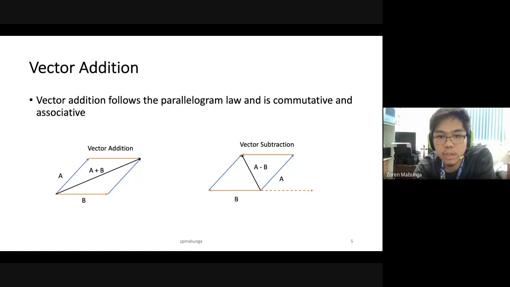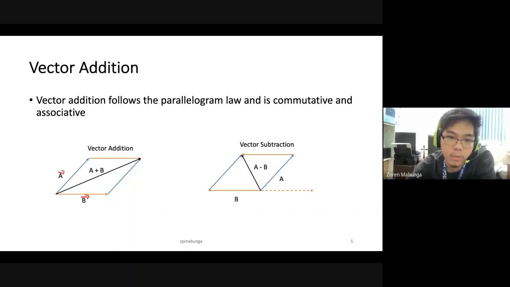So, kung natatandaan nyo pa, na-discuss ba sa inyo parallelogram law sa mechanics or sa physics? Or hindi? Okay, so halimbawa, ito no. Meron kang vector A. Okay, so this is vector A. And meron kang vector B. Okay, so kukunin mo yung ipag-a-add mo sila.